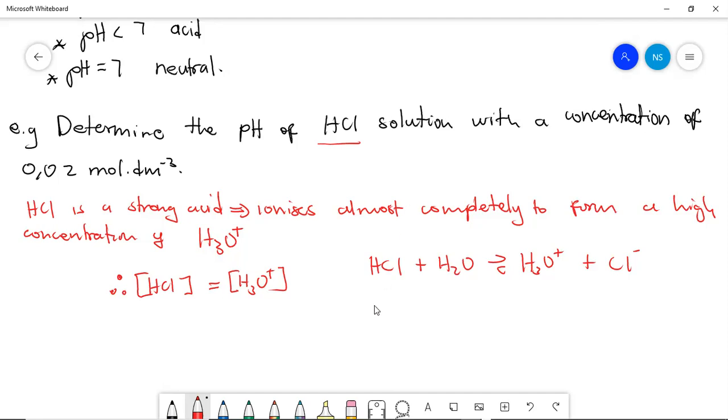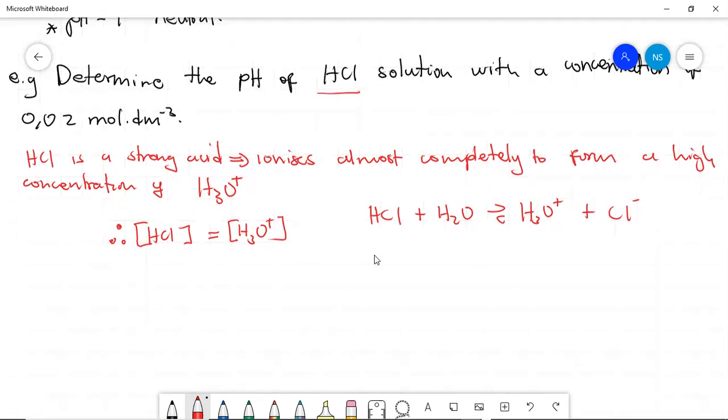Now just because we equated the concentration of HCl to the concentration of hydronium ion, our pH will be calculated using the formula pH equals minus log the concentration of hydronium. If you look at the question, the concentration of HCl is equal to the concentration of the hydronium ion.